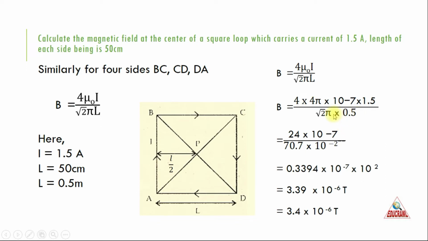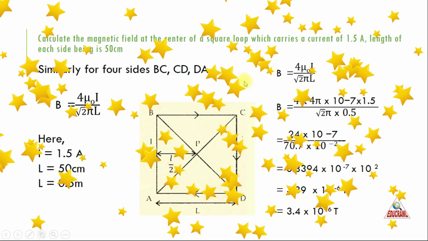It is given as 50 centimeter; when you convert that into meter, you get 0.5 meter. Now cancelling the pi values and simplifying, we get the answer as 3.4 into 10 power minus 6 Tesla. This is the value of the magnetic field produced by a current carrying wire which is bent in the form of a square.